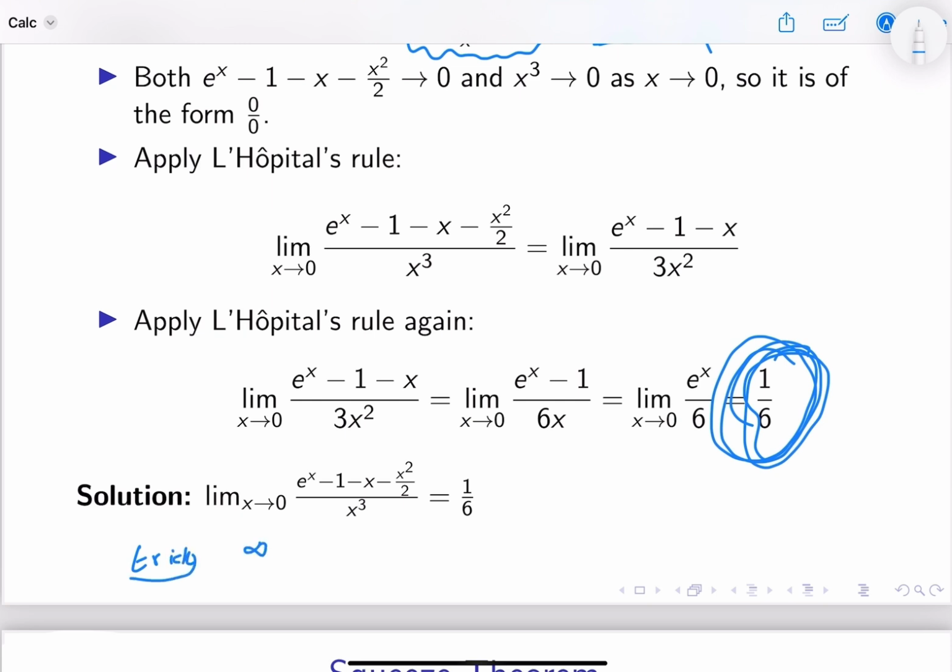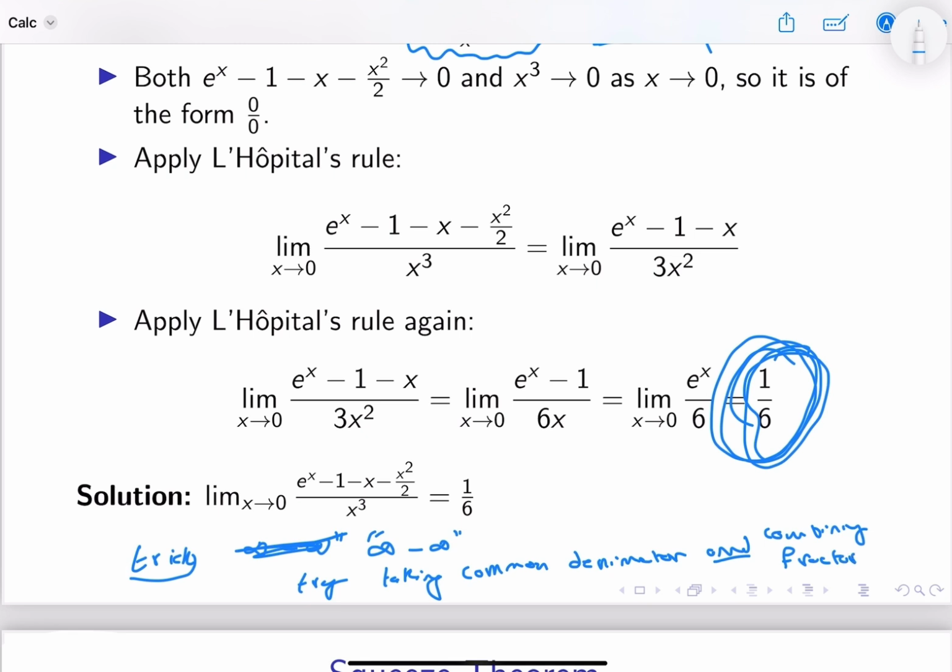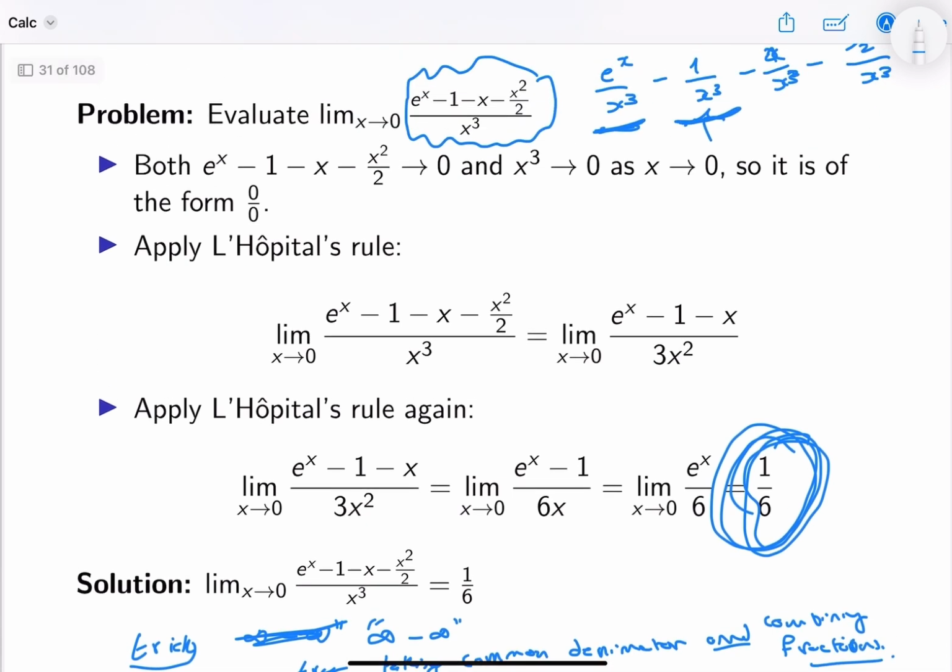Usually when you have the form infinity minus infinity, try taking a common denominator and combining fractions. Right. So this is an important trick for you.